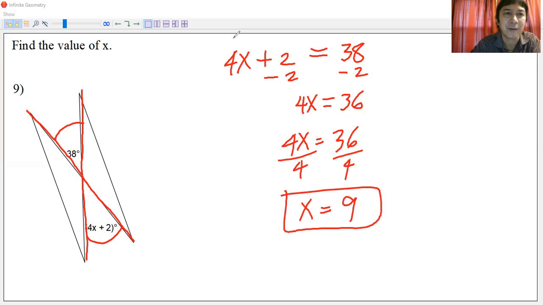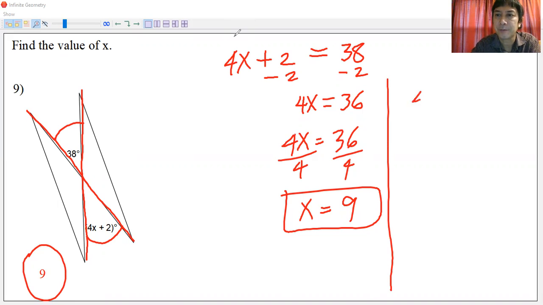Okay, all right. We can verify it over here. That's the answer, x. All right, that's equal to 9. Now, if you want to check if the other one is 38, you can use the 9. 4x plus 2. Substitute the 9 there. 4 times 9 plus 2.